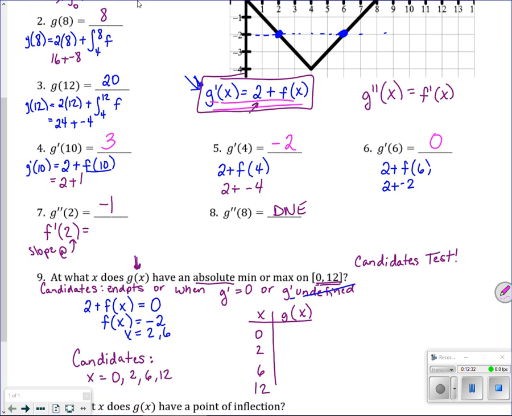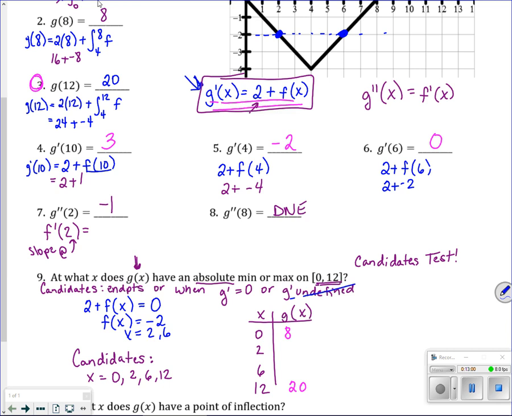So I can just copy that down. We've also found g of 12. That was 20. So always look back at your problem. We've already done g of 12 there, and we did g of 0 in number 1. Now, unfortunately, I haven't done 2 and 6, so I have to think back of how I got that, and find those particular values.